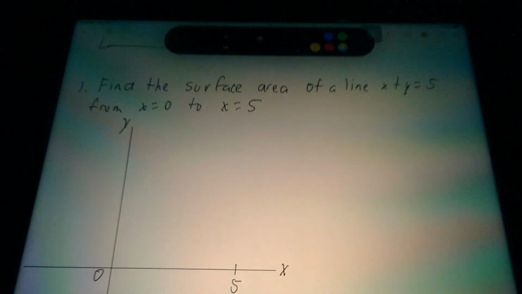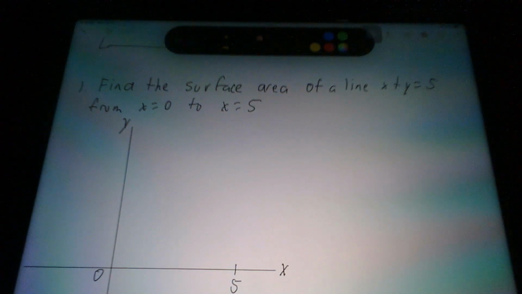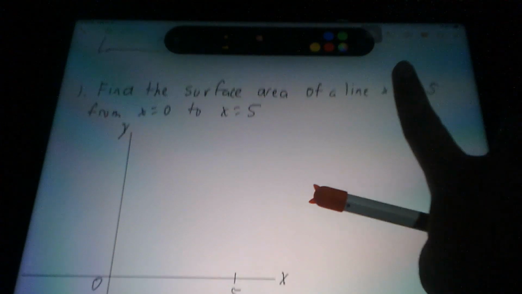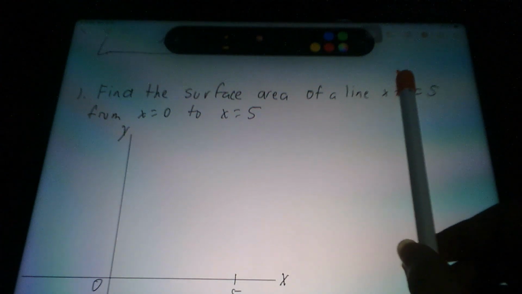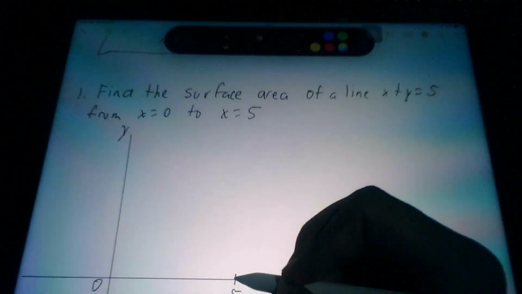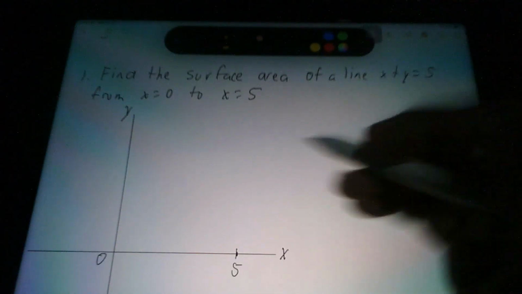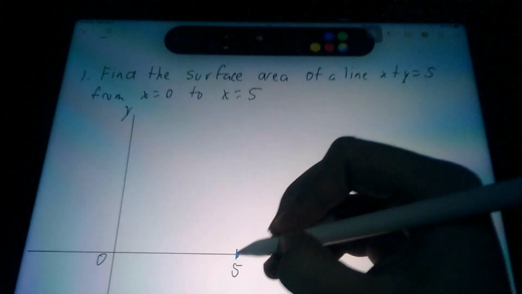Now, how do we get x here? If we cover y, our x will become 5. So from this point here, this is our x.